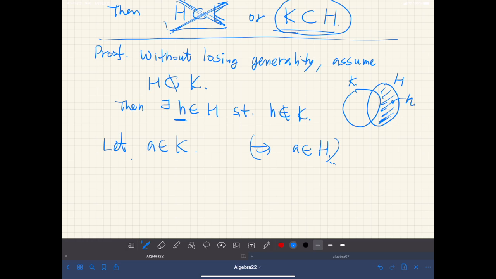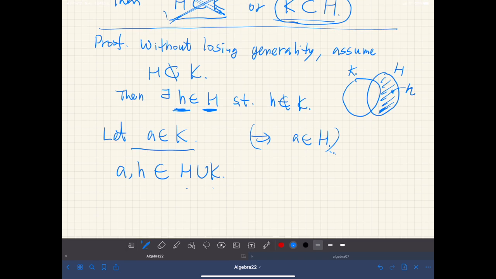So first let's assume this. Then what happens? Lowercase h is an element of uppercase H. So a and h are both elements of H cup K. Right? This is a union.